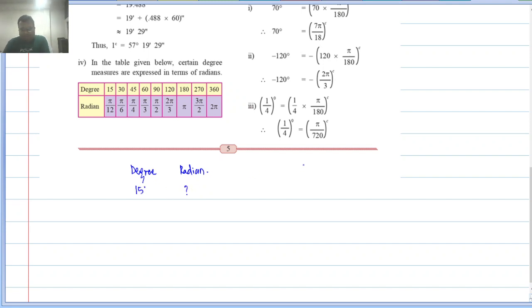We know that pi radians is 180 degrees. So 15 degrees is how many radians? Apply unitary method. The answer is 15 into pi upon 180. 15 twelves. So this is pi by 12 radians.